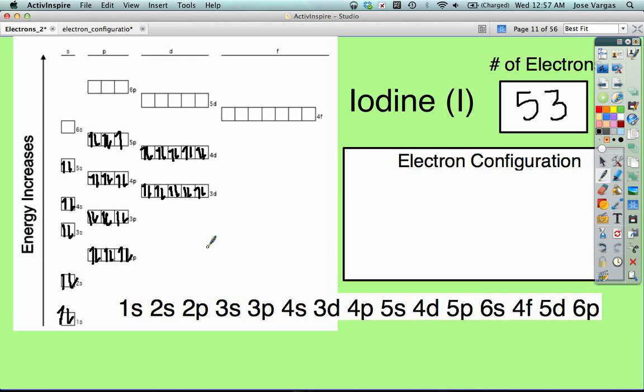Okay, so the electron configuration of iodine will look like this.